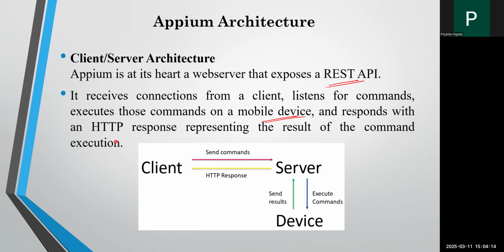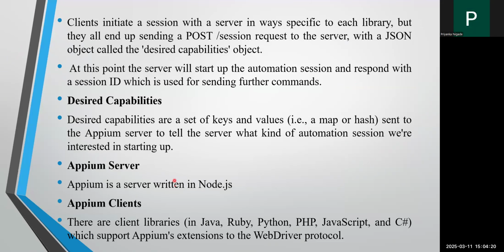And in response, with the HTTP request, you will be able to see the result of those commands. Point to be noticed, how exactly does this process begin? The client initiates the session with the server. Generally, we use a specific library for that, like a Java client library. And then everything ends up with the POST session, guys. Generally, to create a session, we use a POST API call, correct?